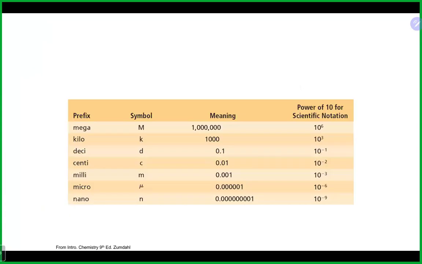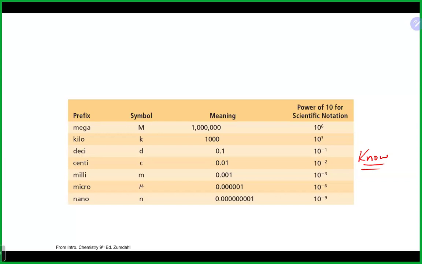These are prefixes, and these prefixes are used to change metric values so you don't have a lot of zeros. This chart is also a good one to know. I think we'll see it a little bit later as well, but I'll just put it here. Mega, kilo, deci, centi, milli, micro, and nano.